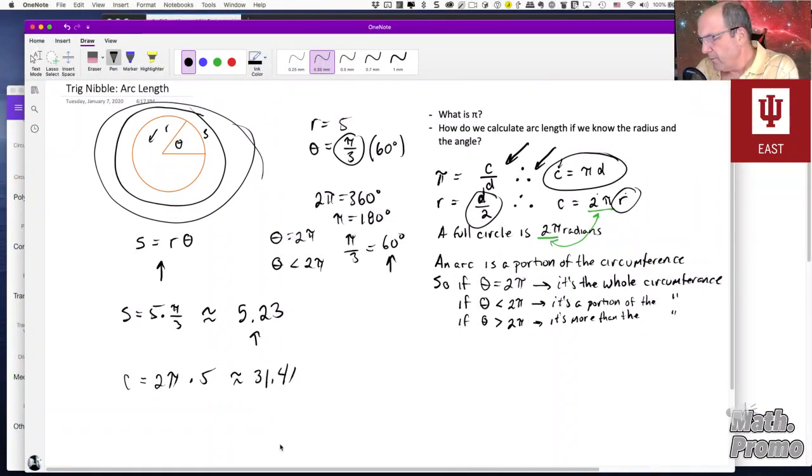And if you think about it, remember this is pi over 3, not 2 pi. So that's like dividing this by 6. So if I take 31.41 and divide it by 6, you'd expect something in that ballpark, wouldn't you? So there you go.